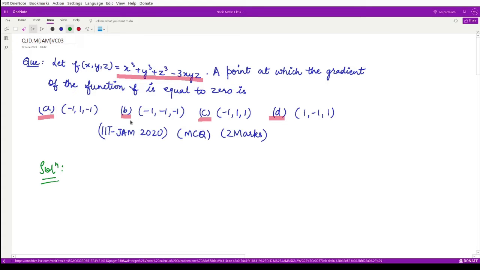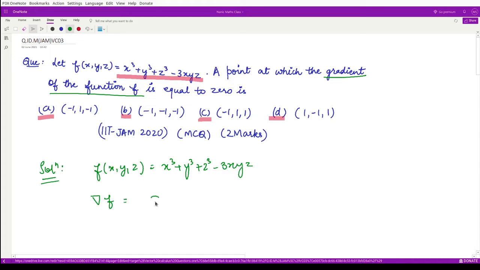Now, first of all, let us calculate the gradient of the function f. The function f of xyz is given to be x cube plus y cube plus z cube minus 3xyz. So the gradient of this function f would be calculated as del by del x i cap plus del by del y j cap plus del by del z k cap of the function f.